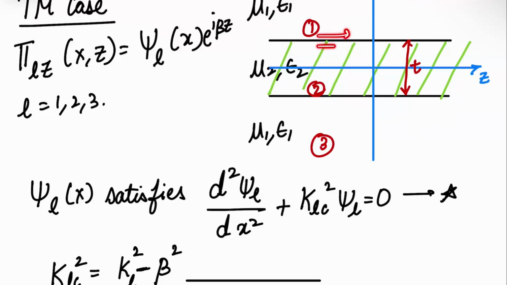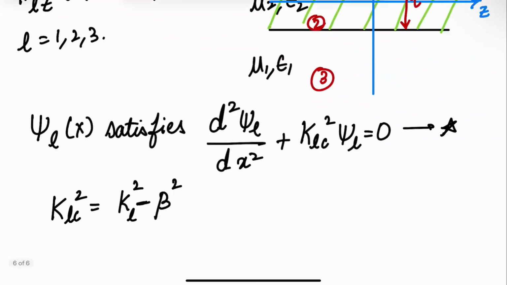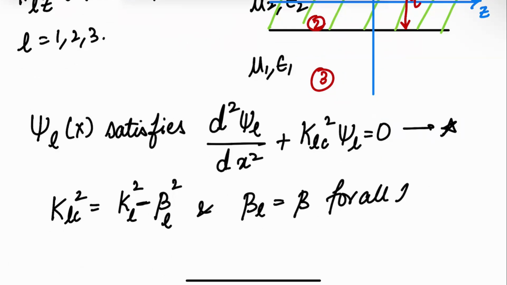That's what we saw was the phase matching condition. So essentially, beta has to be the same in all three media in order for us to have phase continuity at the boundaries, and that's the phase matching condition. So I should say beta L is equal to beta for all L equal to 1, 2, 3. So another way to say that is just remove this part, right?